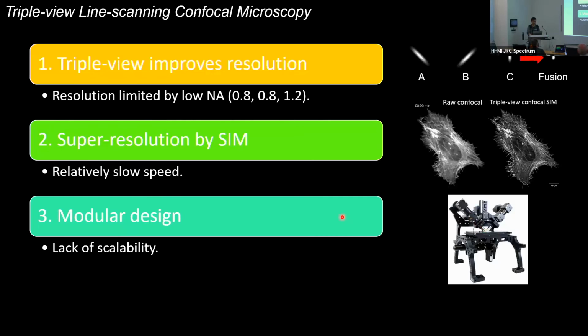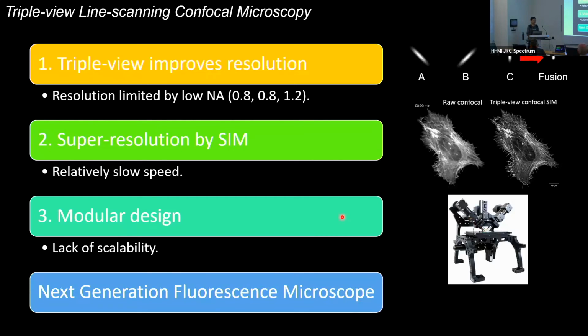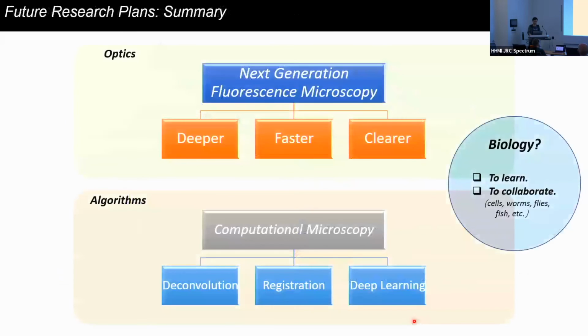And so we named what we want to do the next generation fluorescence microscope. So in the end, I want to say that because my background is not biology, I'm totally a microscopist, also optical engineering. So perhaps you guys can teach me how to think as a biologist, and hopefully we can collaborate more.